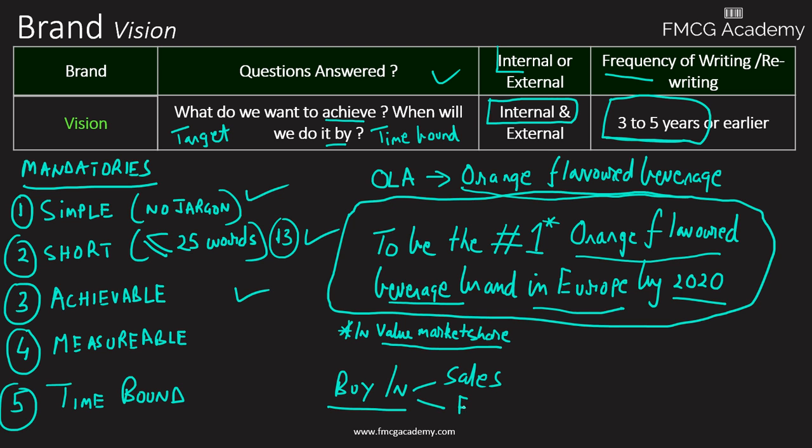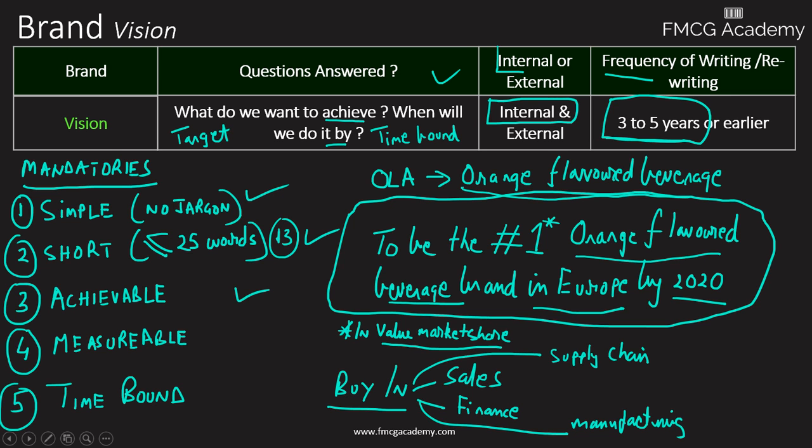Then you could have a chat with finance and see what support you need to be number one, and they'll all then obviously feel a part of that vision. You could have a chat with supply chain and manufacturing, and innovation and all that side. So they all are very clear. So this motivates not only the marketing team, but all the other functions as well.